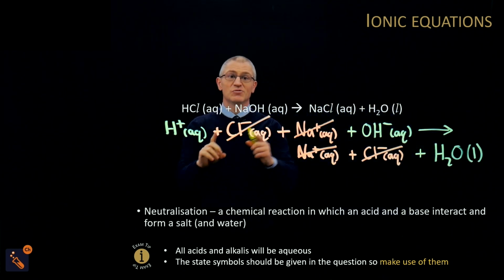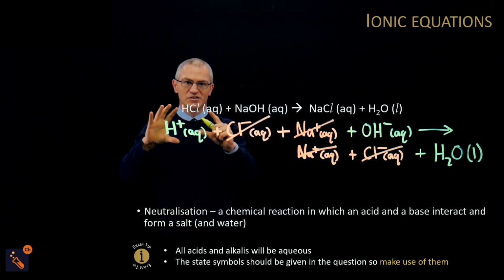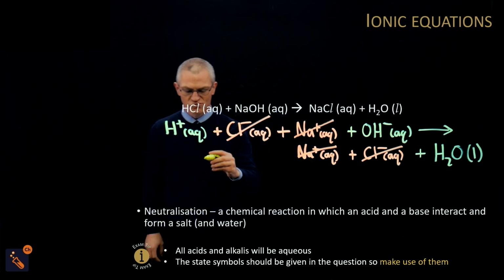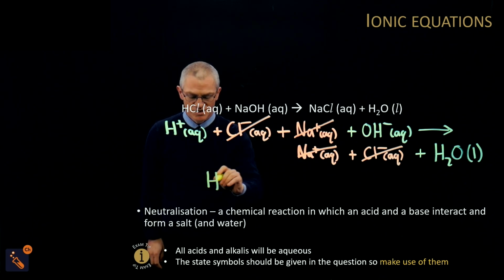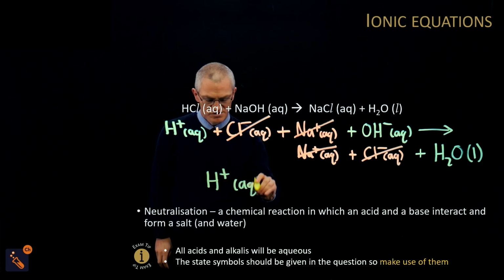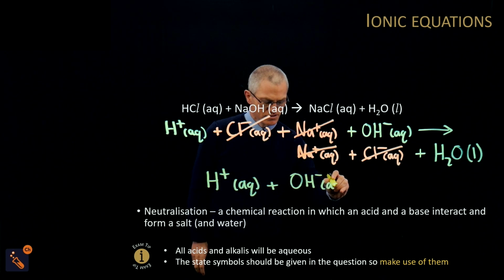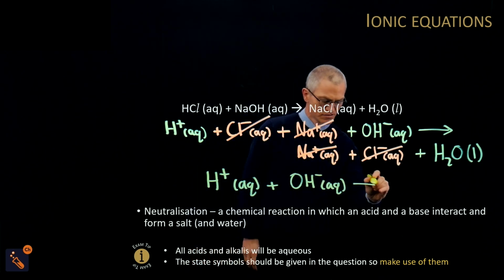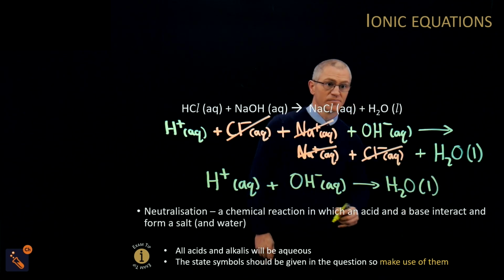So you notice here I did all my spectator ions in orange, and the ions that are in the ionic equation in yellow. So let's just draw out the ones that have changed, which will make our ionic equation. It'll be H+ aqueous plus OH- aqueous goes to H2O liquid.